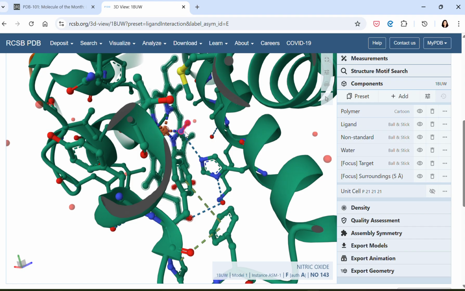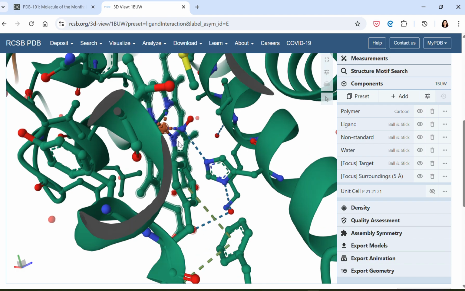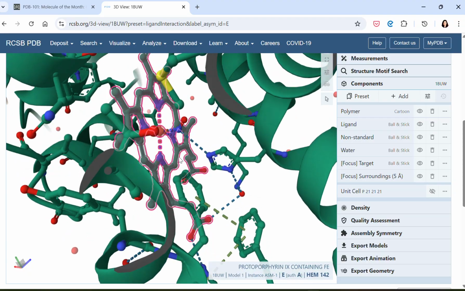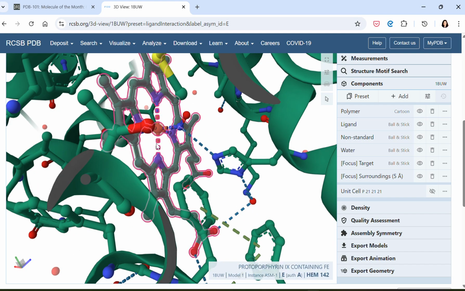Porphyrin. Okay, this is the nitric oxide, which is bound to the structure where oxygen should be binding. And the nitric oxide, this is the porphyrin, this is the nitric oxide and histidine.